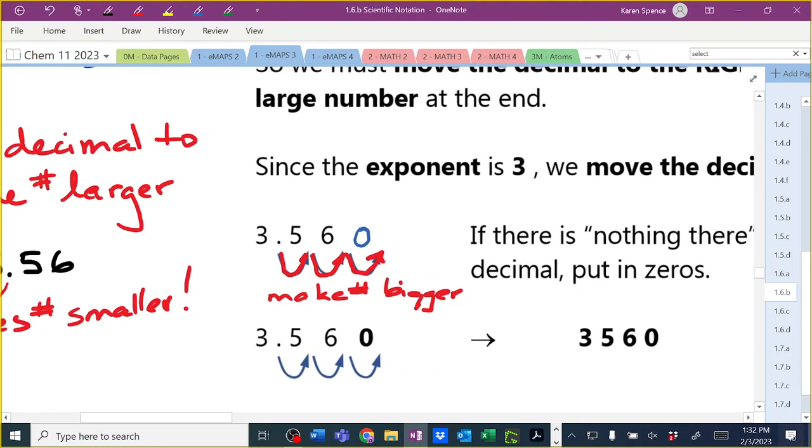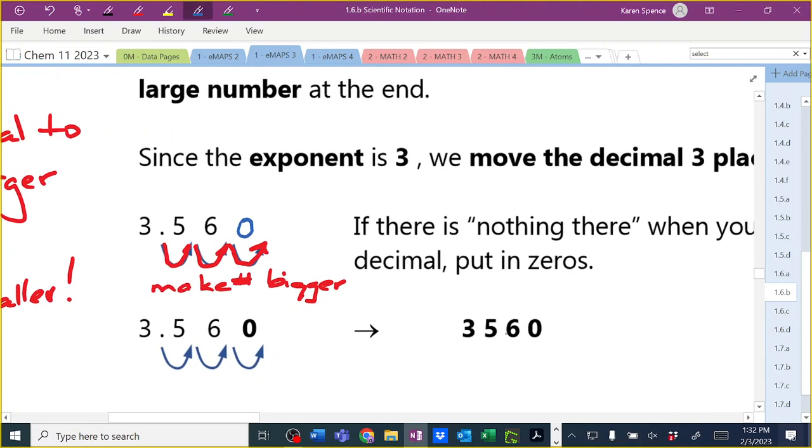So would I want my answer to be 3560, or would I, because I moved my decimal over here, write it as 3560 with a decimal? Remember, our original number was 3.56 times 10 to the 3, and we had 3 sig figs.